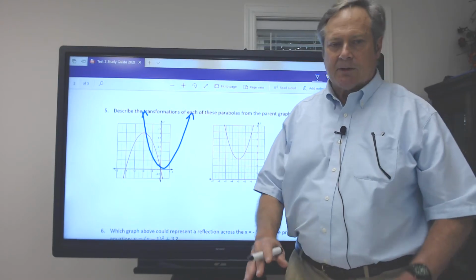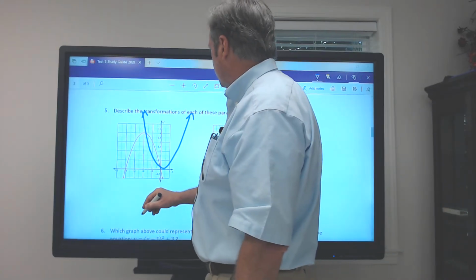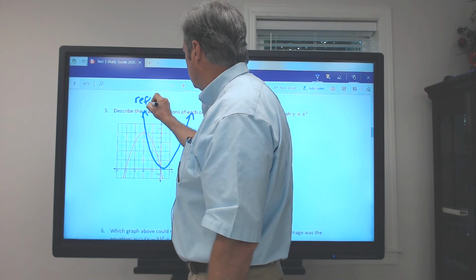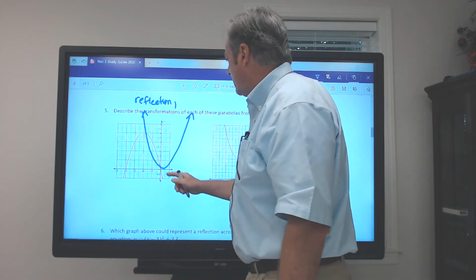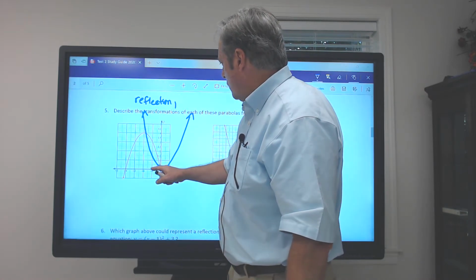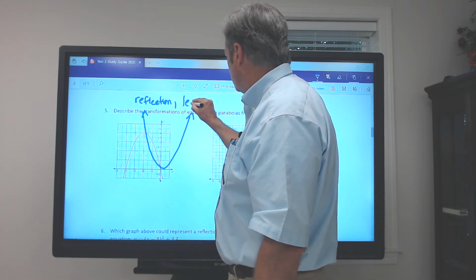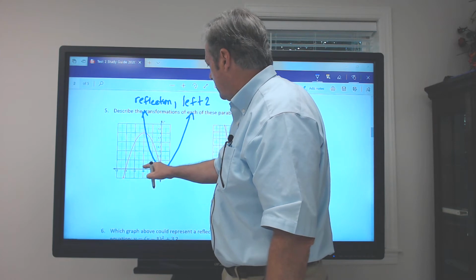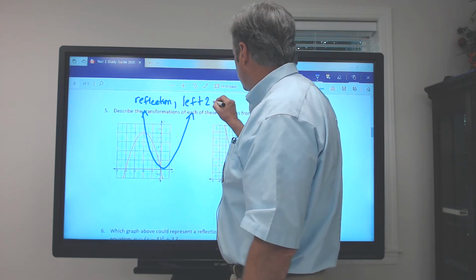Well, the first thing we did is it flipped, right? So in terms of this particular one, we would say a reflection, comma. Then the vertex shifted 1, 2 to the left. And then once it got there, it went up how many? 1, 2, 3, 4.